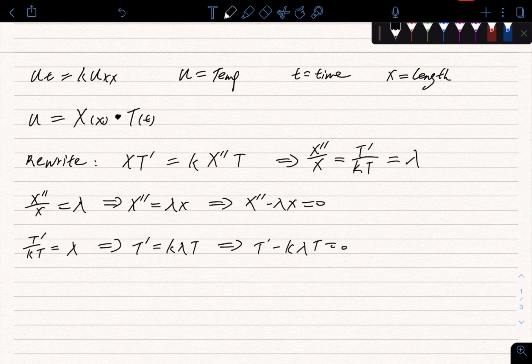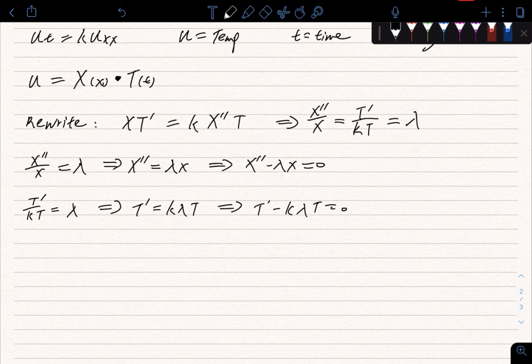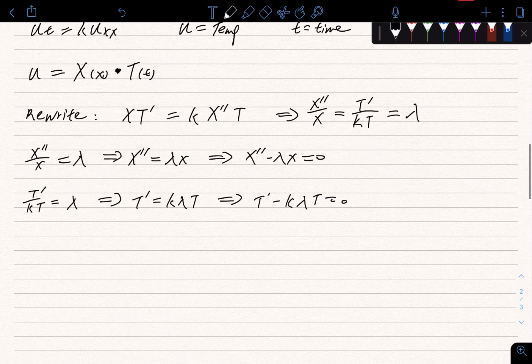So let's do a quick practice, shall we? Let's just say u_tt equals k u_xx. Very similar. We're just going to assume that u is a product of two functions, one containing x, one containing t.